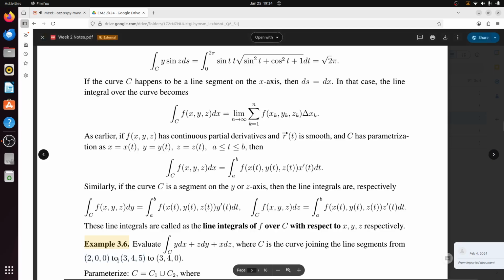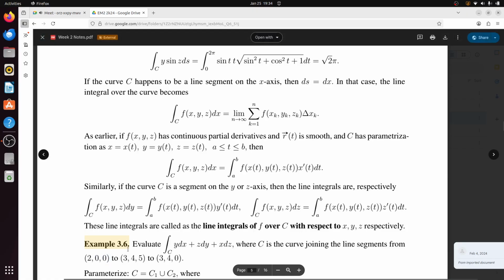For the first case, the parametric representation of (2,0,0) to (3,4,5) has t varying from 0 to 1. Your x(t) is equal to 2 plus t, where t is varying from 0 to 1. Again y(t) varies from 0 to 4, so the expression for y(t) will be 4t. And z varies from 0 to 5, so the expression for z(t) will be 5t.